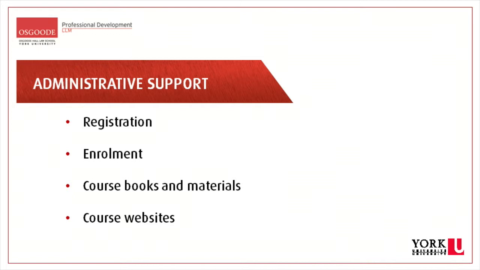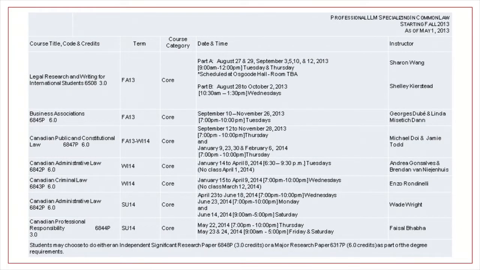On your screen now is the schedule, which is current as of May 1st, 2013, of the core courses that are currently available in the Canadian Common Law program. You will see that there are 6 courses.